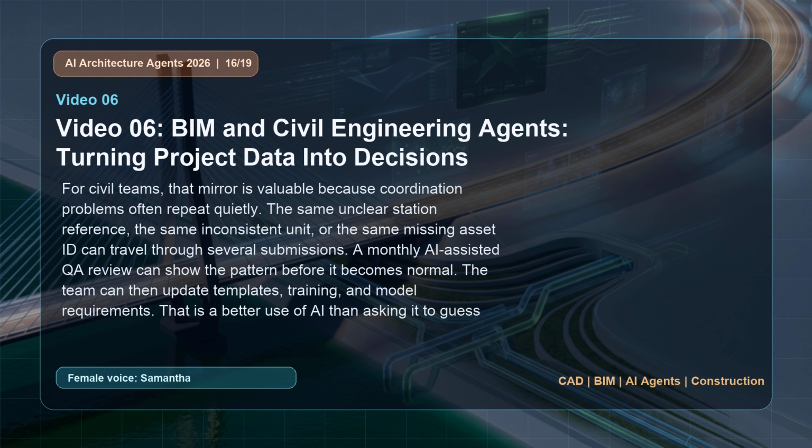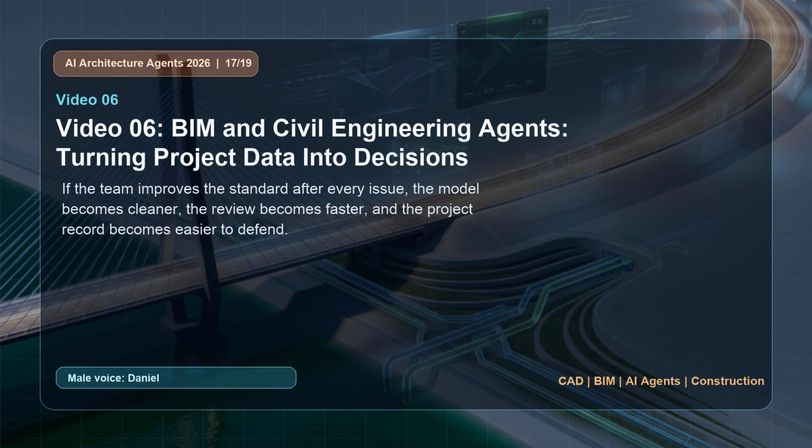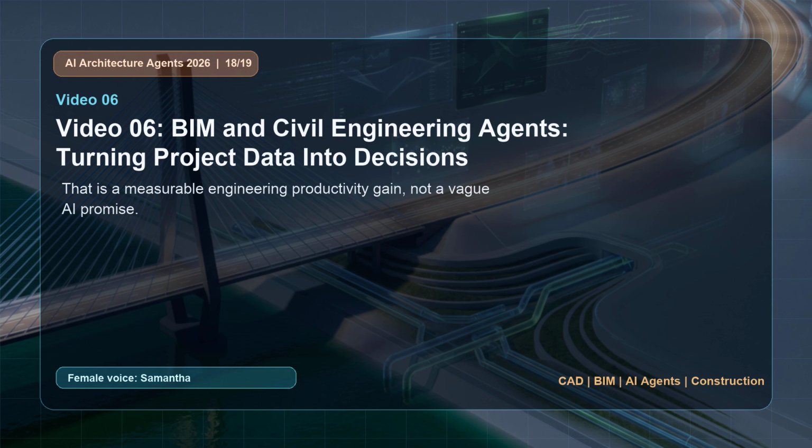That is a better use of AI than asking it to guess engineering answers from incomplete data. If the team improves the standard after every issue, the model becomes cleaner, the review becomes faster, and the project record becomes easier to defend. That is a measurable engineering productivity gain, not a vague AI promise.